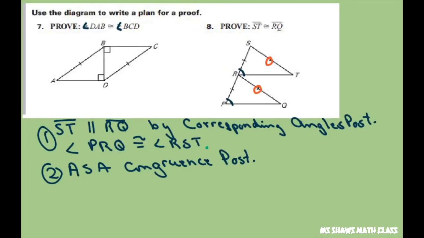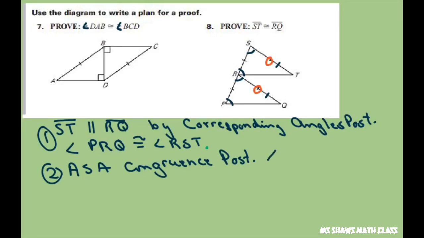So we know these two are congruent. So we have angle, side, angle. Since these lines are parallel, that means that the triangles are congruent.